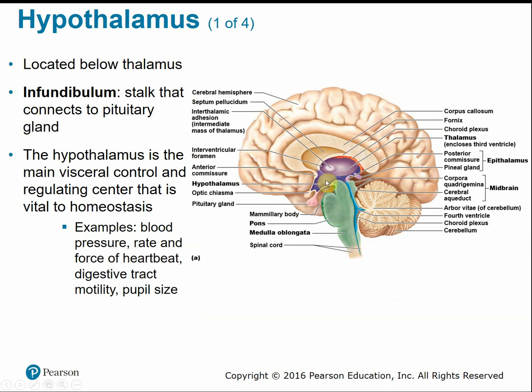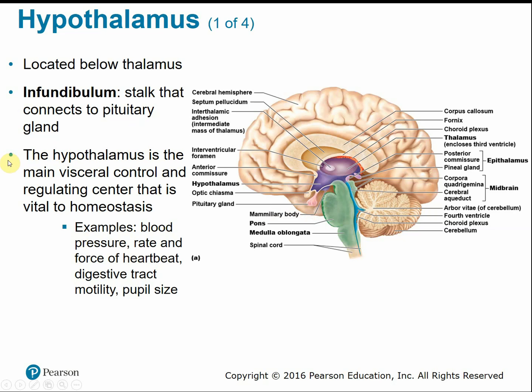The hypothalamus is located just below the thalamus. An important region of the hypothalamus is the infundibulum. This infundibulum is a little stalk that connects the hypothalamus to the pituitary gland. They have this direct connection where they can communicate with one another. This is important later on when we look at autonomic function and things like the endocrine system.